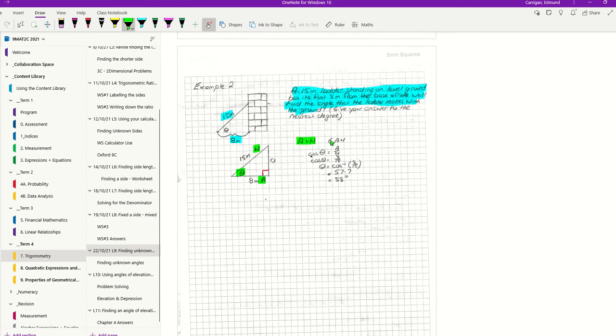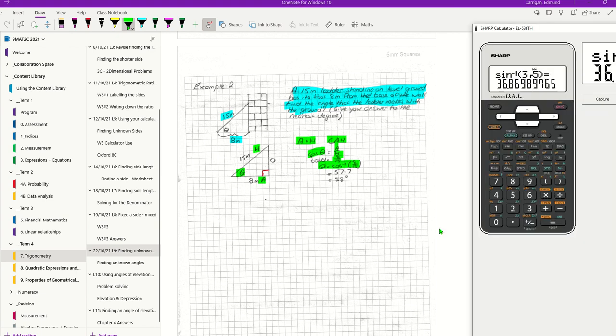The ratio that uses A and H is CAH, so cos theta equals A on H. Substitute in my numbers. My A is 8. My H is 15. So theta is cos minus 1, or the inverse cos of 8 on 15. Pulling up my calculator, I'll just clear that, I want second function cos, giving me cos minus 1.